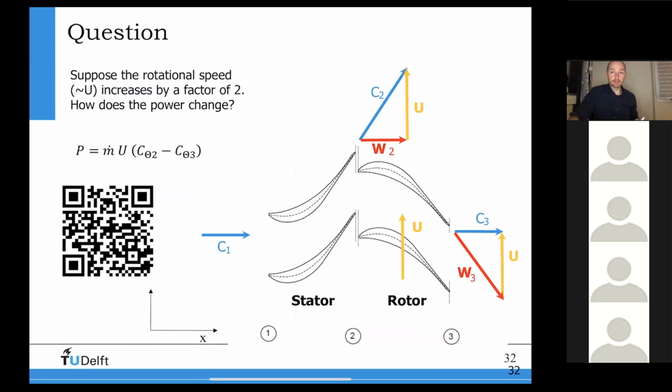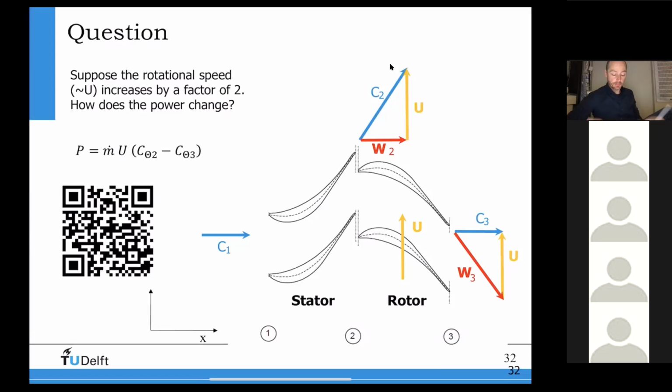So I leave this one here. And so the question is now, suppose the rotational speed U increases by a factor 2. How does the power of this turbine change? Okay, and then please scan this QR code, and you should be able to get the question on Google Forms. Then you have several answer possibilities.